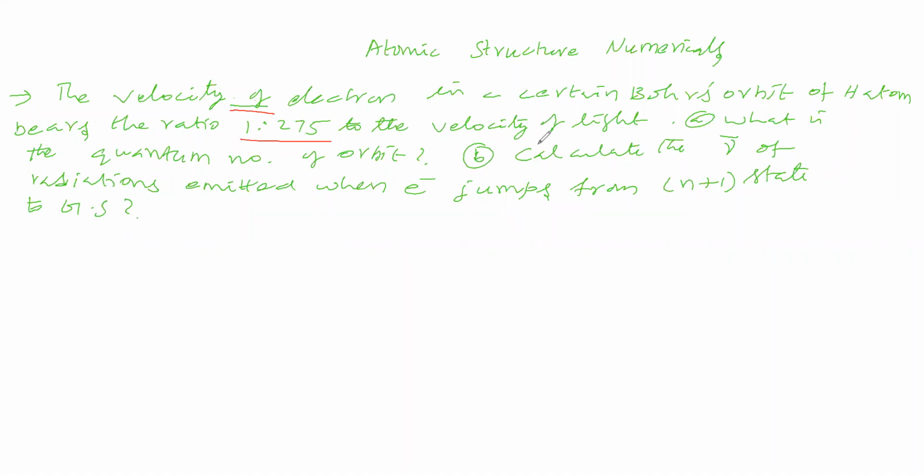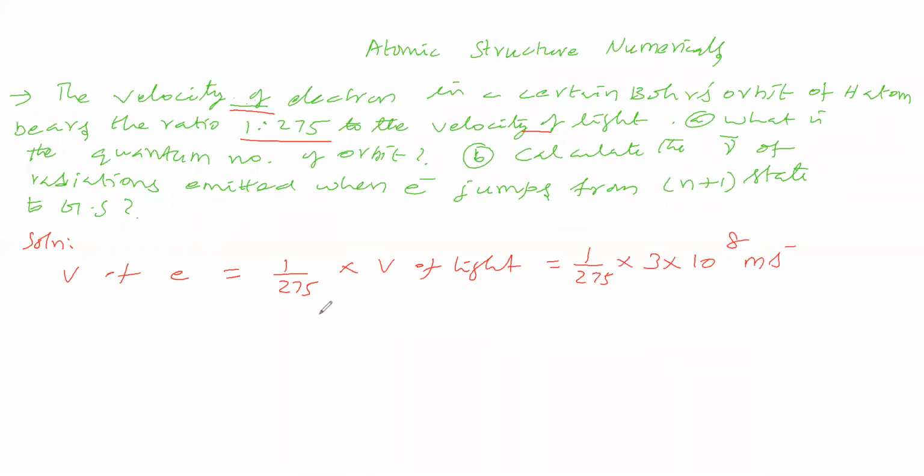So we can say velocity of electron is equal to 1/275 into velocity of light. Velocity of light is 3 into 10⁸ meter per second.